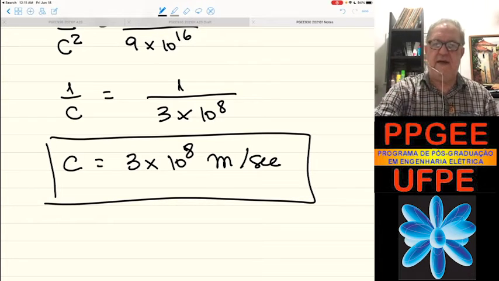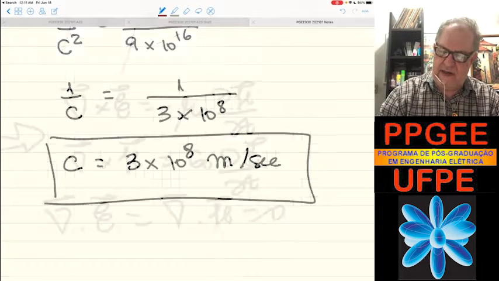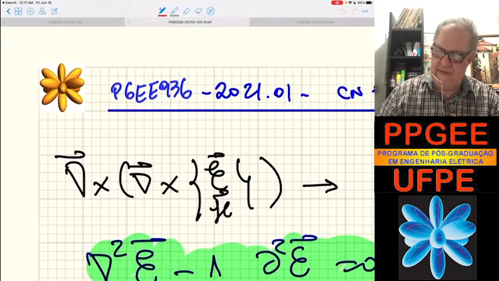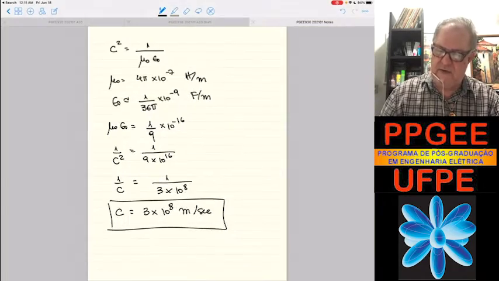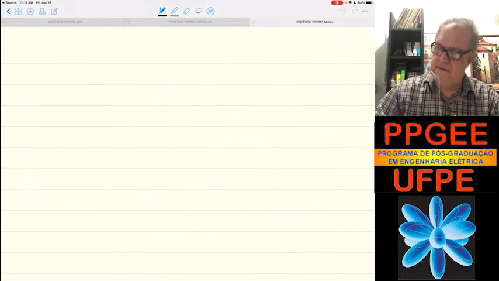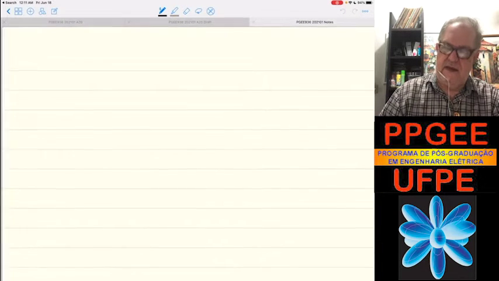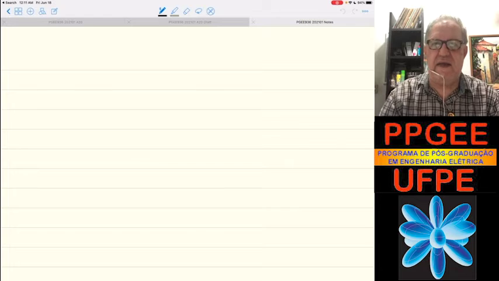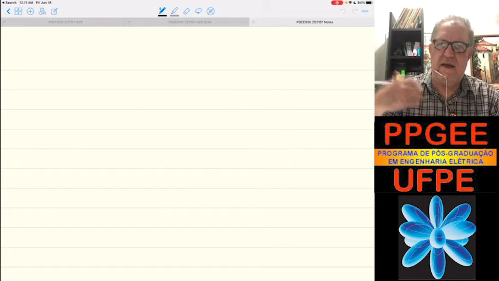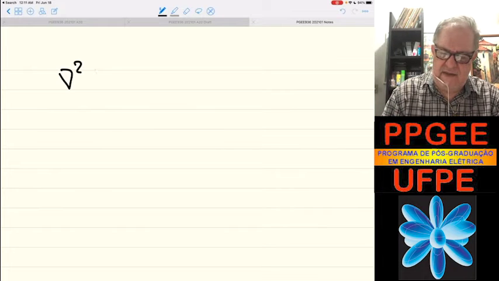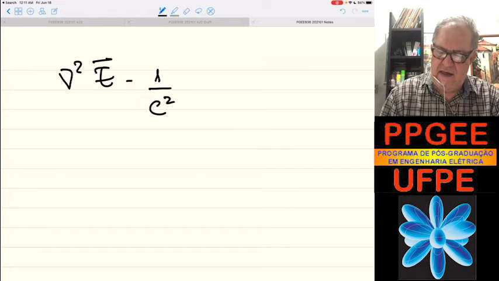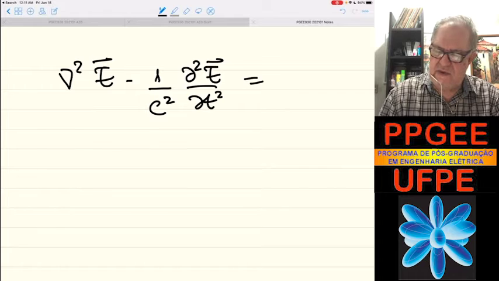Okay. So, what happens? Suppose that we are in a rectangular coordinate system. Let's go back to our wave equation. We're talking about either E or H. They both satisfy the same wave equation, which is the Laplacian of f minus 1 over c squared times the second derivative of f relative to time equals 0.